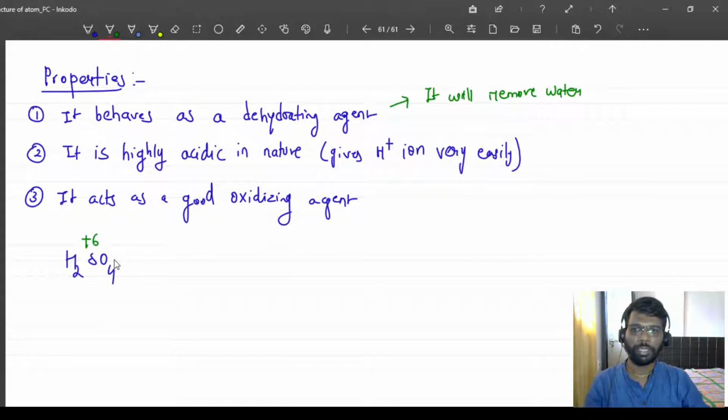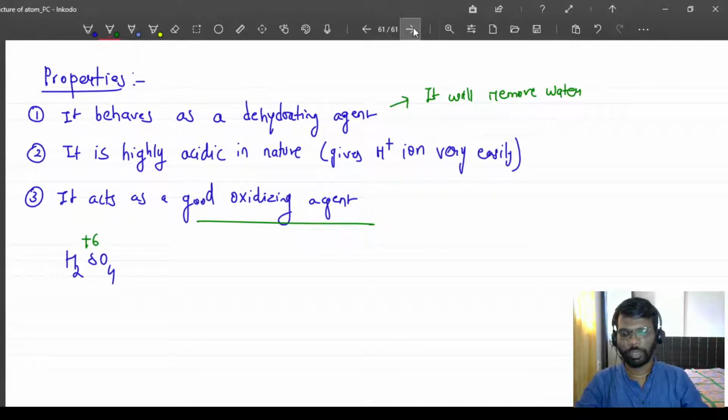It cannot act as a reducing agent. If it were acting as a reducing agent, then the oxidation state of the sulfur should go more than 6, but it is in the maximum oxidation state, right? So that's why this will act as an oxidizing agent, and the sulfuric acid will get reduced to a lower oxidation state. That is the reason this is acting as a very good oxidizing agent.